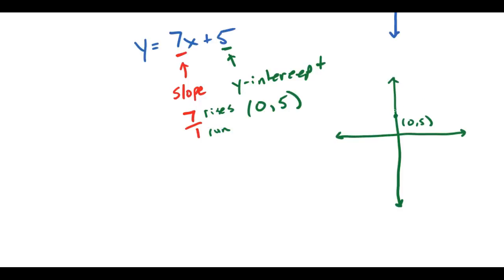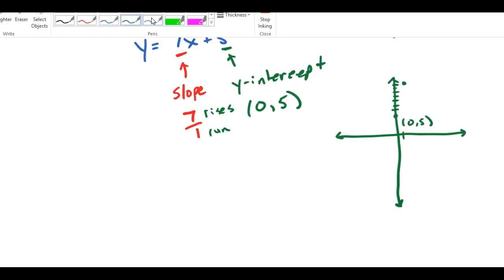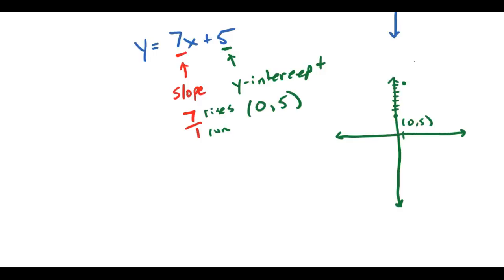So if I was going to try to graph this, I would go up 1, 2, 3, 4, 5, 6, 7, and then it goes over 1. And so I have this point here, and now maybe I'll use a different color here. I'll use gray. Now I can draw this line that has a slope of 7 and a y-intercept of 5. So the 7 tells us the slope, the 5 tells us the y-intercept.